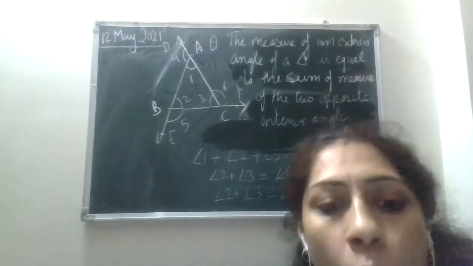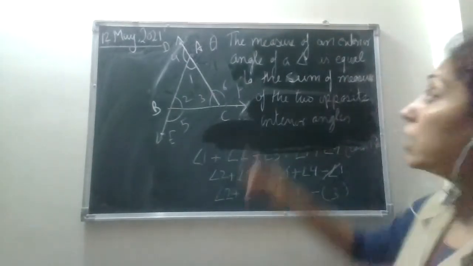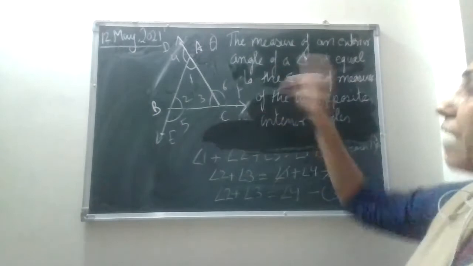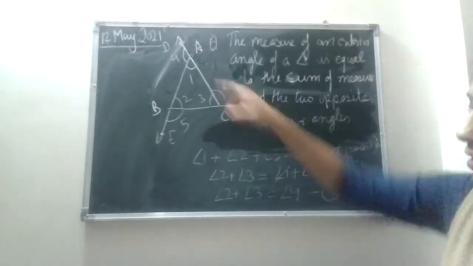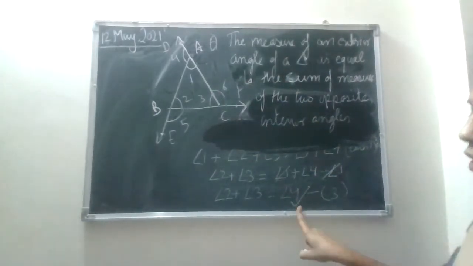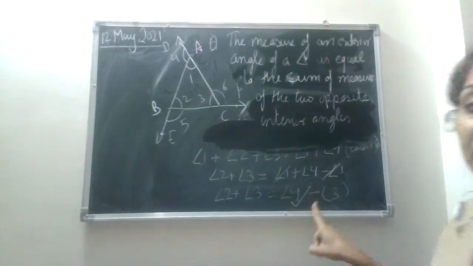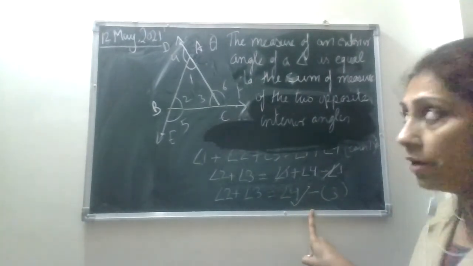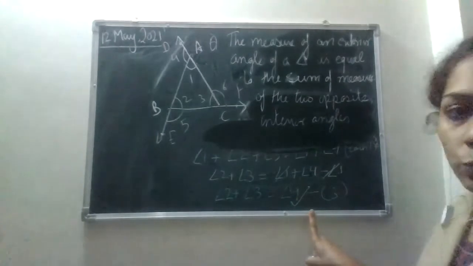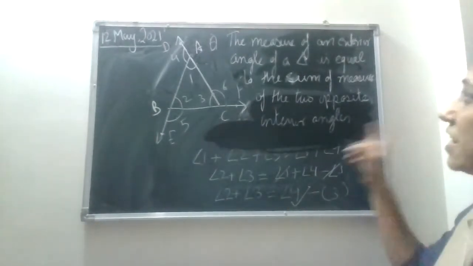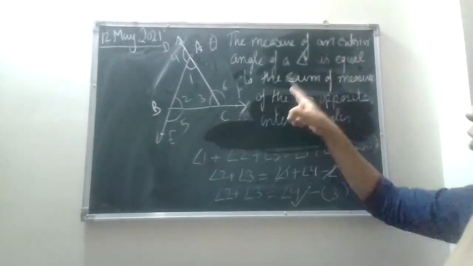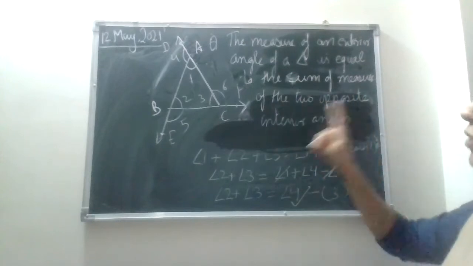Now see how I have written this statement. The measure of an exterior angle, that means your exterior angle is 4. Whatever its measurement is, that I'm going to prove to you. The measure of an exterior angle of a triangle is equal to the sum of the measure of the two opposite interior angles.